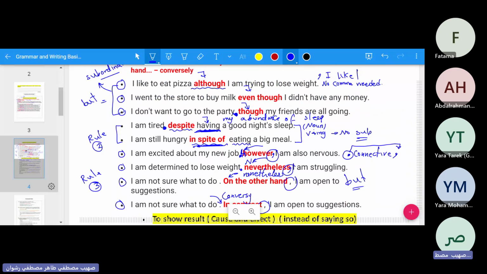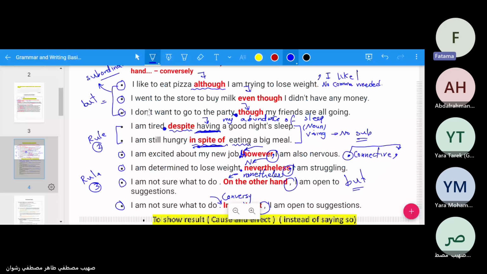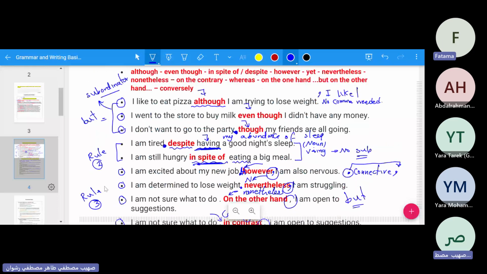Okay, I hope these 3 rules are clear. Any question before I ask you to write? I didn't understand rule number 1 and 2. Rule number 1 is a regular rule, yeah, Fatma. There is no problem with it. Using although, even though, and though, the three are the same meaning.